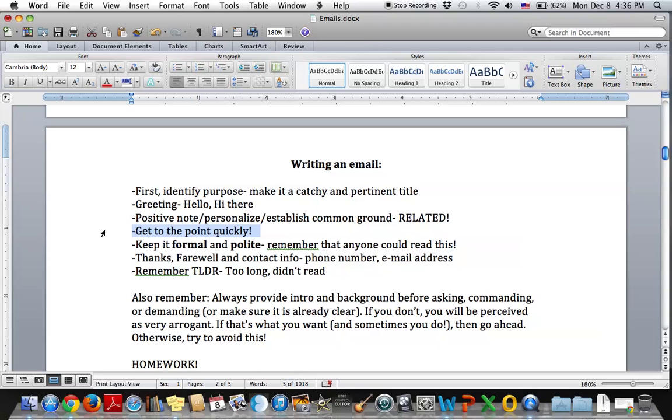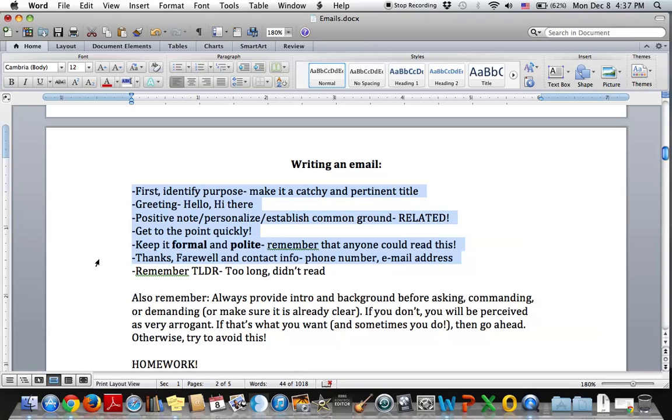We want to get to the point quickly. Don't write a lot about things that aren't necessary. We want to keep it formal and polite. We want to remember, other people could be reading this. We say thanks, we say bye-bye, whatever it might be, and we leave our contact information. And that's basically it. If you're doing these things, you'll write a pretty decent email.